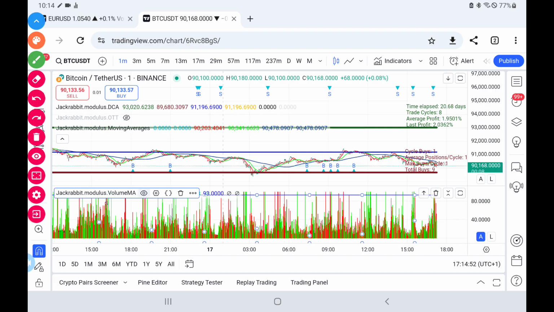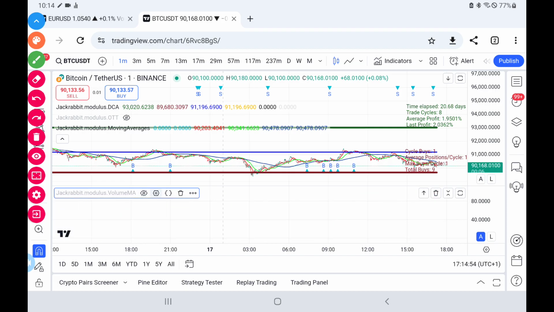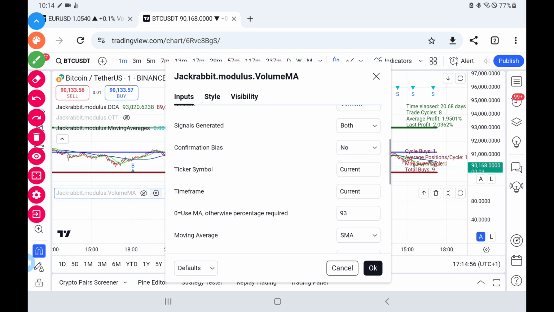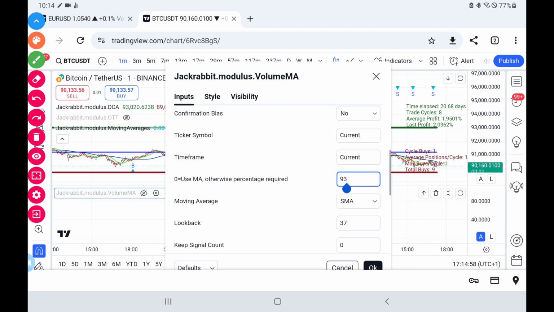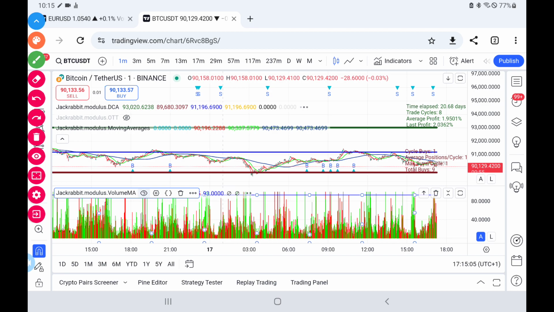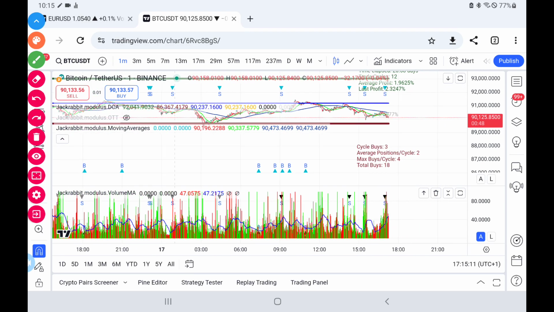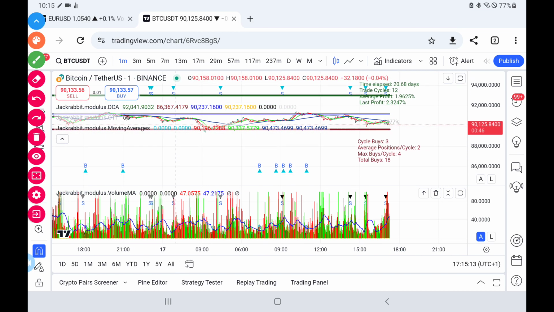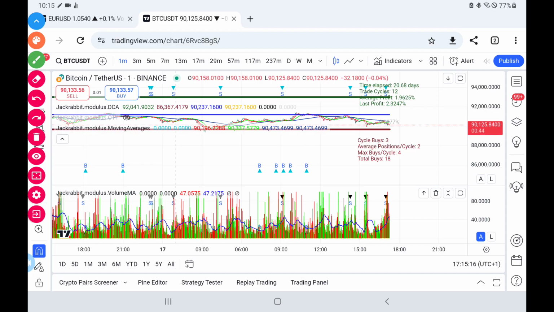Let's set this volume to a moving average. And we could see just how much it changes the entire dynamic.